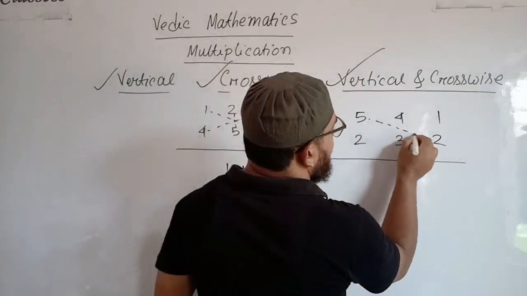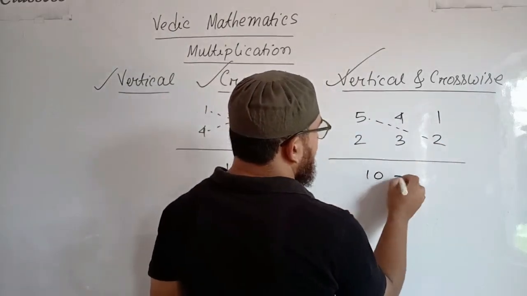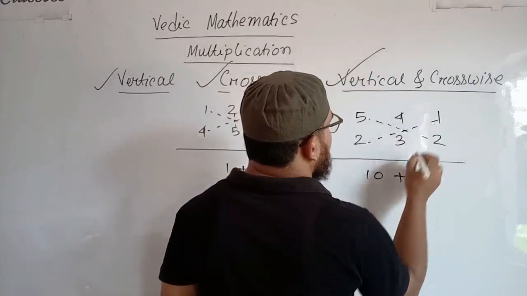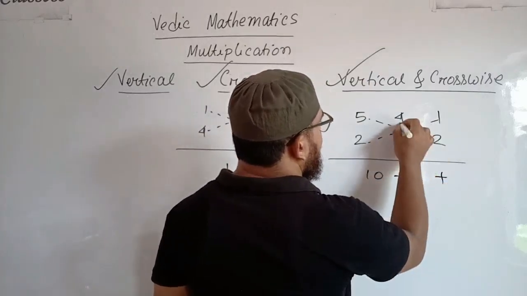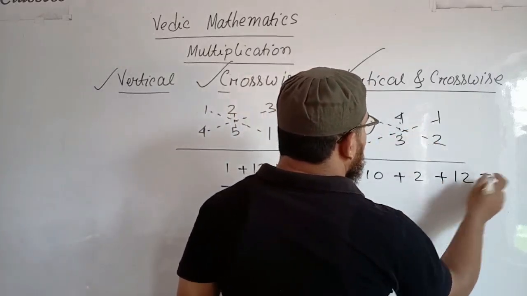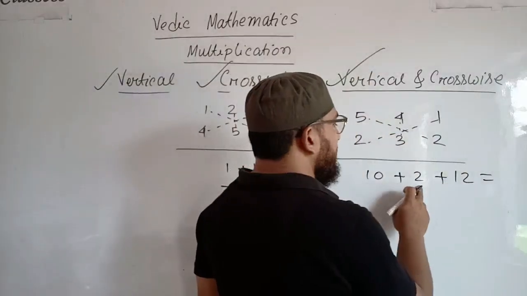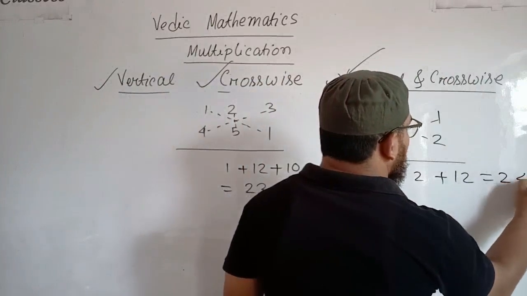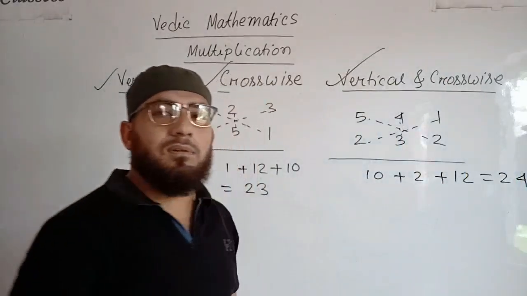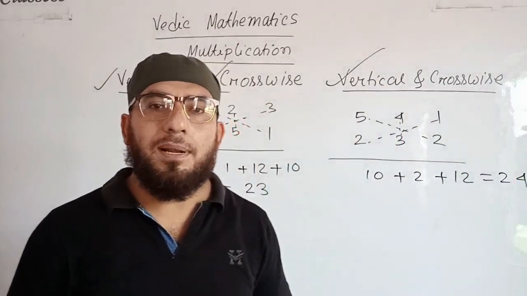So here 5 twos are 10, 2 ones are 2, 4 threes are 12. Now add this, so 10 plus 2 plus 12 is 24. So this is your vertical and crosswise multiplication.